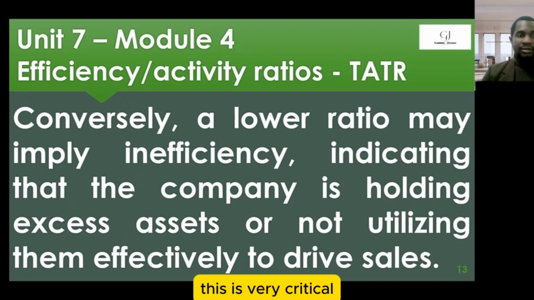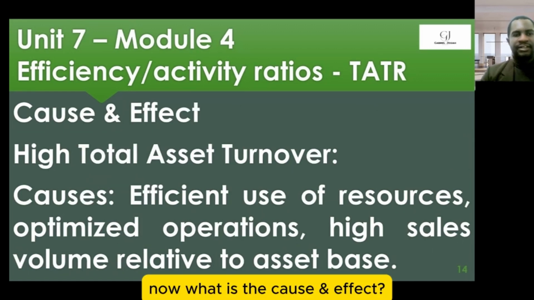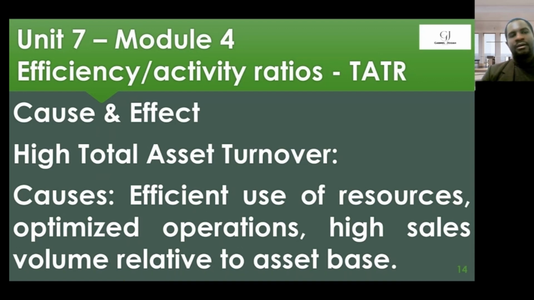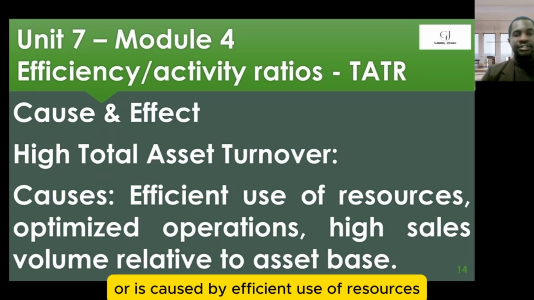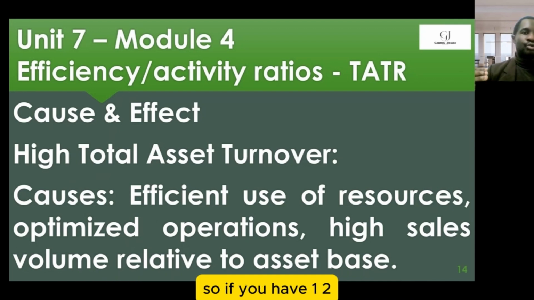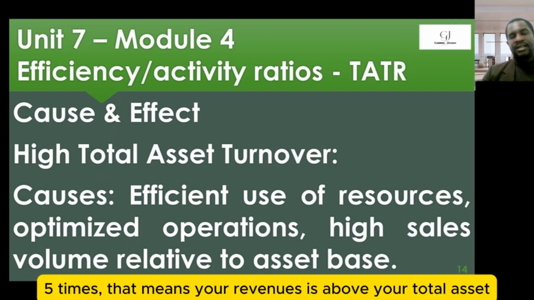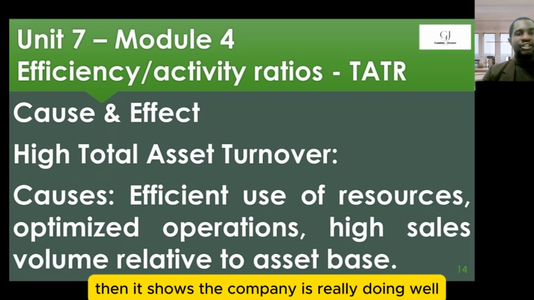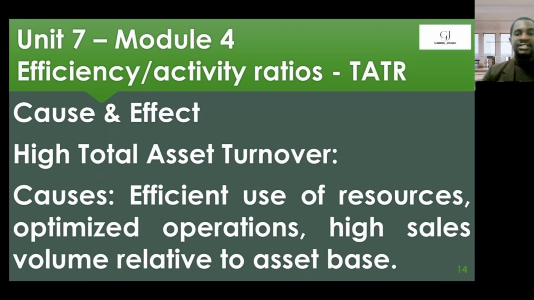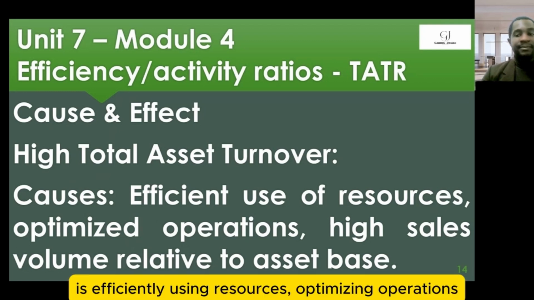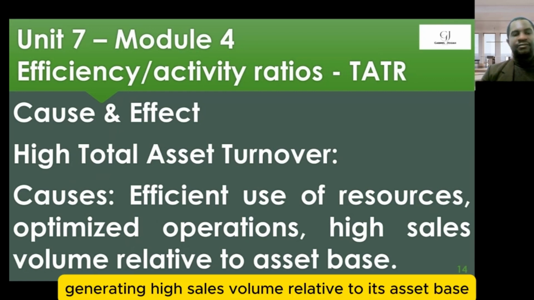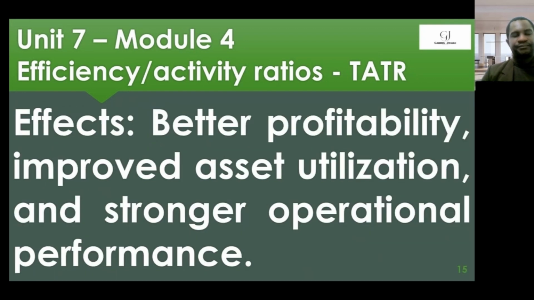This is very critical. Now, what is the cause and effect? A high total asset turnover is caused by efficient use of resources. So if you have 1, 2, 3, 4, 5 times, that means your revenue is above your total asset like 5 or 6 times, then it shows the company is really doing well, efficiently using resources, optimizing operations, generating high sales volume relative to its asset base.